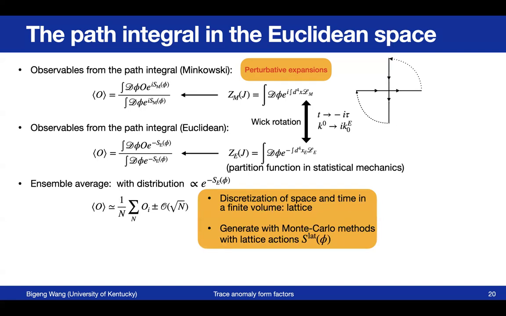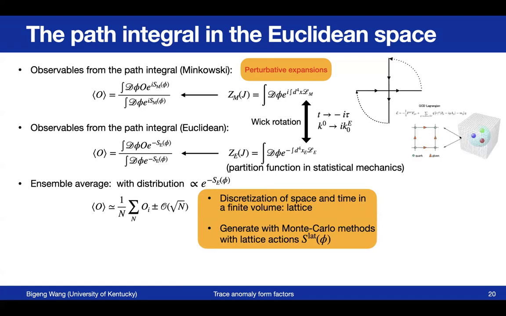So the next step is the lattice, because in order to generate such a distribution, the degrees of freedom here are infinite. All we need to do to make it manageable to calculate is the discretization of space and time. That's why we have a lattice.